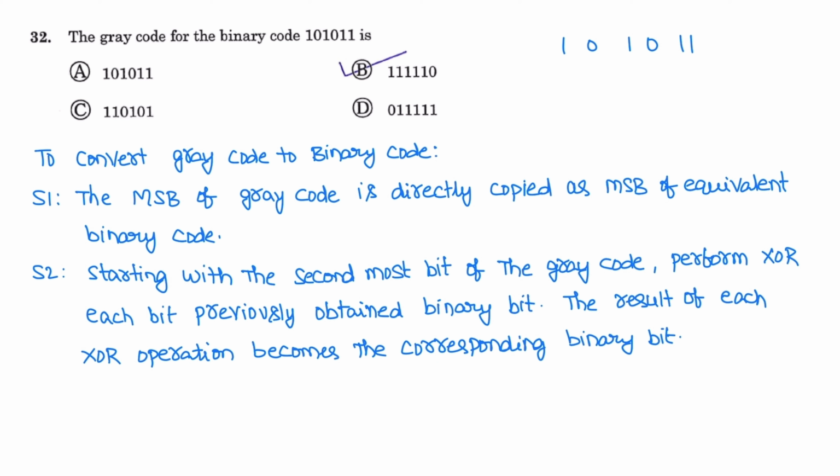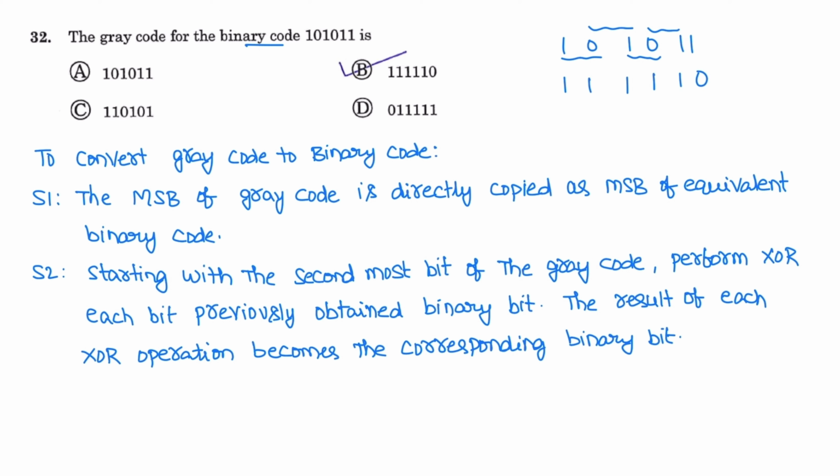In this question, they have given conversion of binary code to gray code. To convert binary code to gray code, take the MSB bit as it is and perform XOR operation of two consecutive bits. So 1 and 0 is 1, 0 and 1 is 1, then 1 and 0 is 1, and 1 and 1 is 0. So the correct option is B.